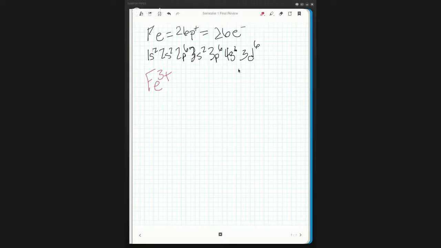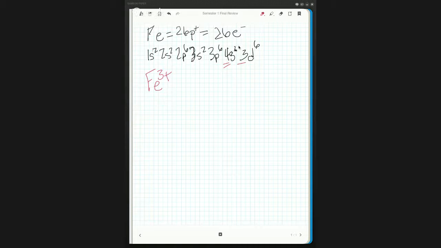What are valence shell electrons? They are the electrons in the outermost energy level. So if you look at this electron configuration here, which is the outermost shell? It's not 3, it's 4. So it has to lose those electrons first.